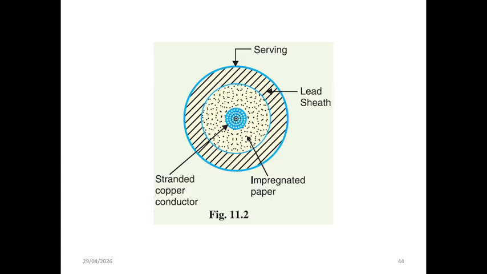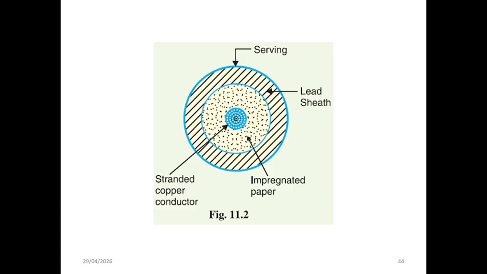So this slide is showing the cross-sectional structure of a paper insulated power cable. At the center, a standard copper conductor is used to efficiently carry current while maintaining flexibility. Surrounding it is impregnated paper insulation, which enhances the electric strength and prevents moisture ingress.